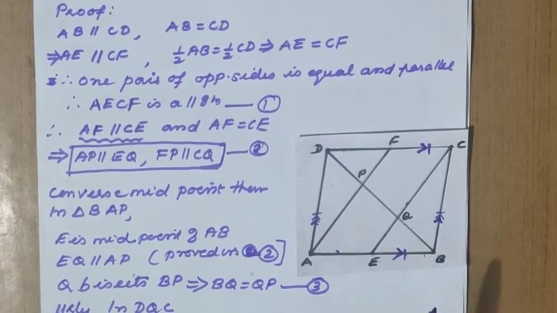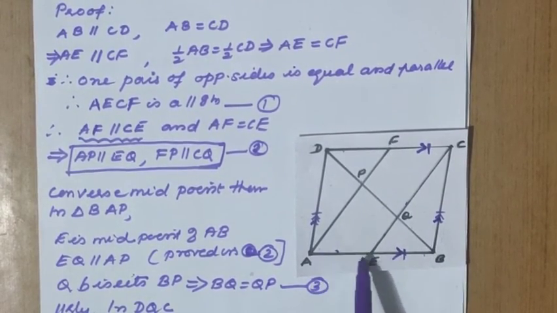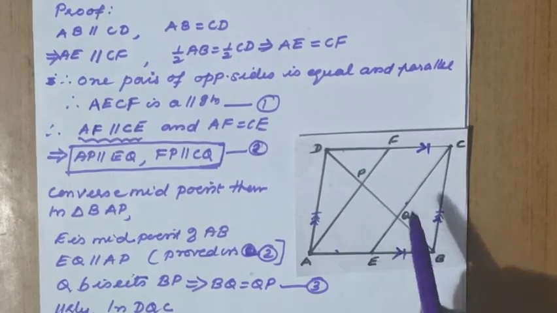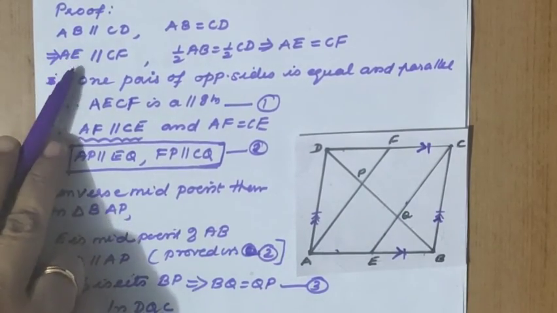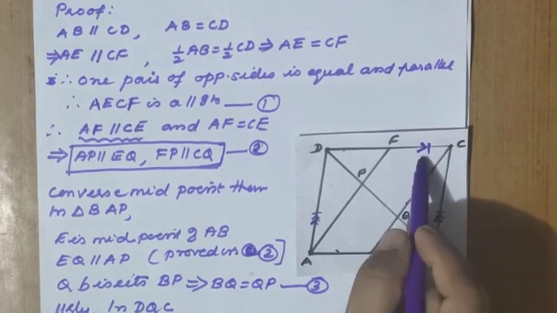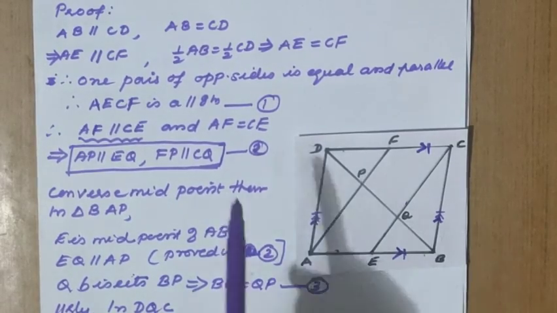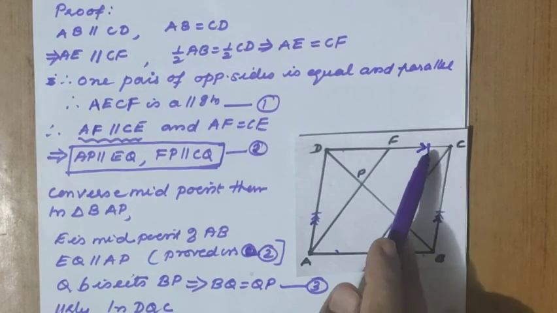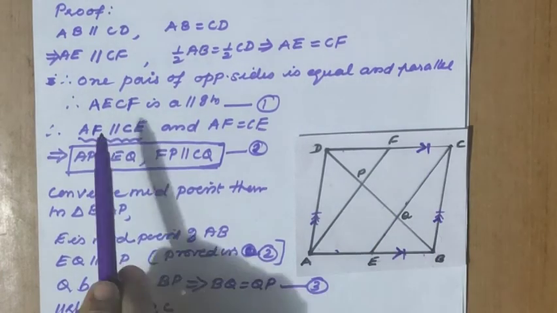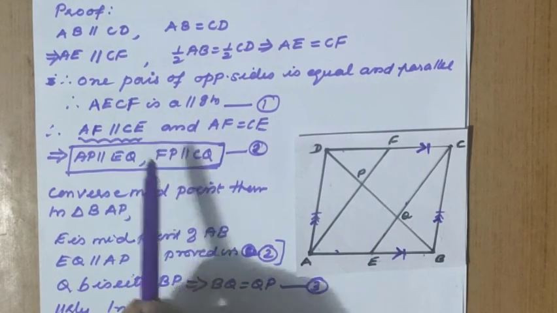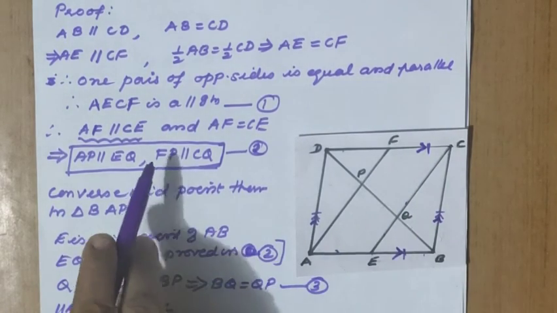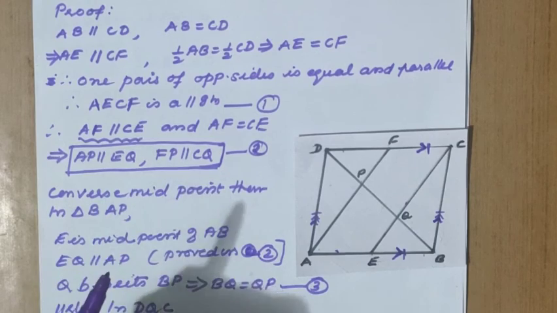We have to prove that the diagonal BD is divided into 3 equal parts. The first step is that we should prove AECF is a parallelogram. For that, what do we have to do? AB is parallel to CD and AB equals CD. If AB is parallel to CD, then AE is parallel to CF. Half of AB equals half of CD, so AE and CF are also equal. So one pair of opposite sides is equal and parallel, and we get AECF is a parallelogram. Children forget to write this step, and that is wrong.